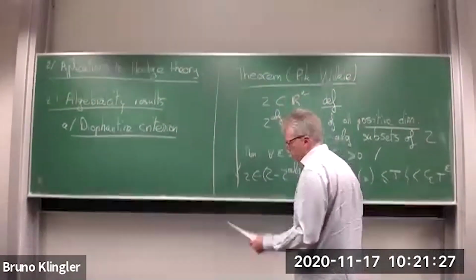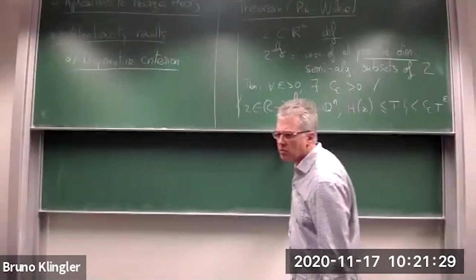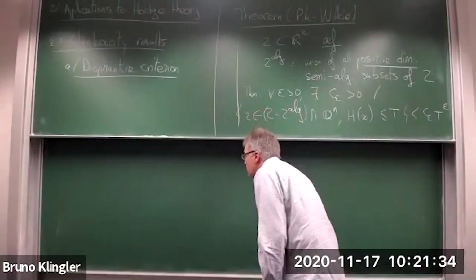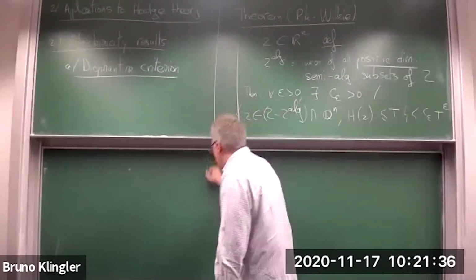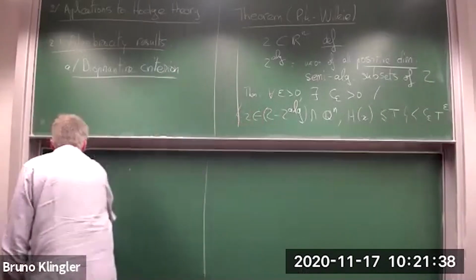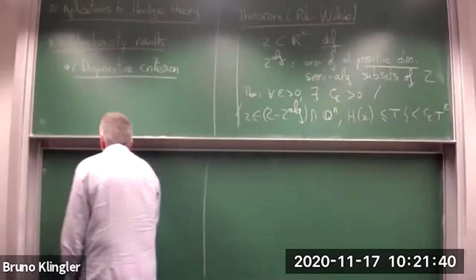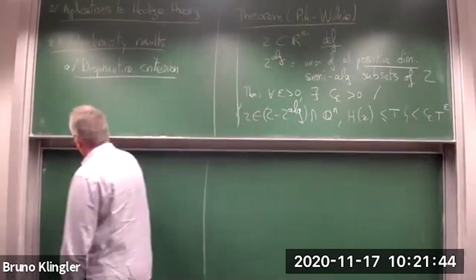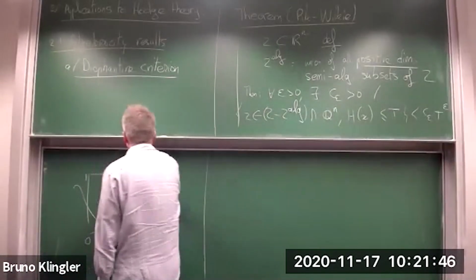So maybe I just give the prototype of such a statement. The typical example is the following. You put yourself in a box [0,1] times [0,1], and then you draw some real analytic curve C in it.